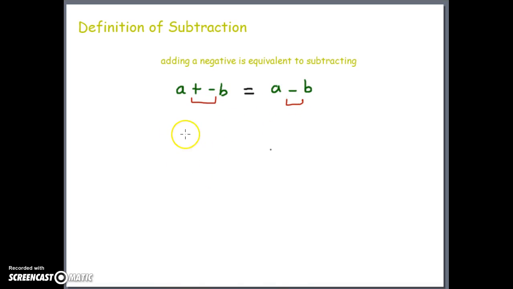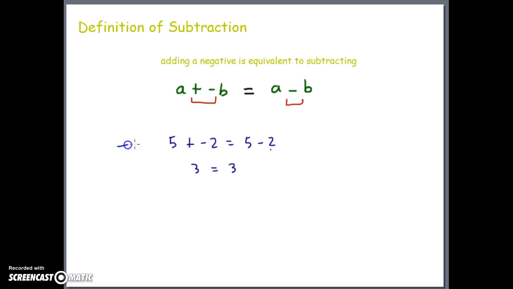A common example would be when you see that double sign, 5 plus a negative 2 equals 5 minus 2, and both of these sides would simplify to 3. If you have $5 and you add a negative, or you add debt to your $5, you take away $2 from your 5, you have 3. 5 minus 2 is also 3. So these two things are the same.